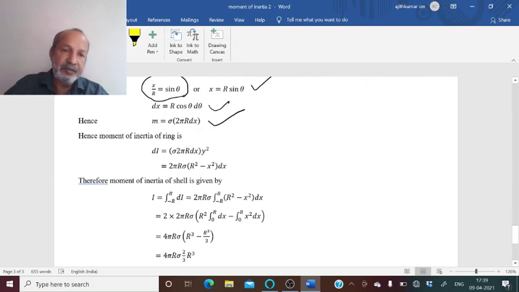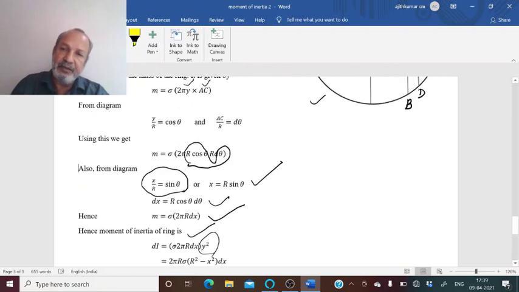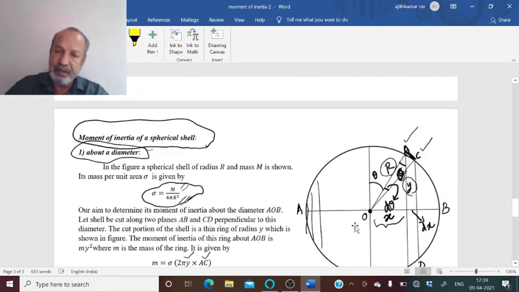So moment of inertia of the ring is mr square, and here r is y, radius of the ring. You can see here, this is the radius of the ring y.